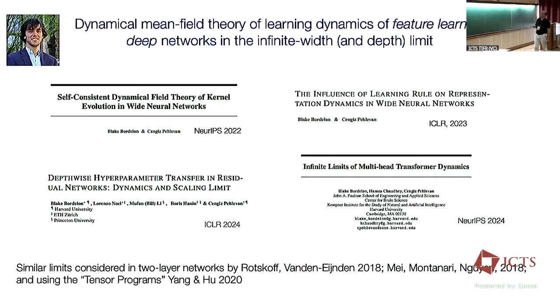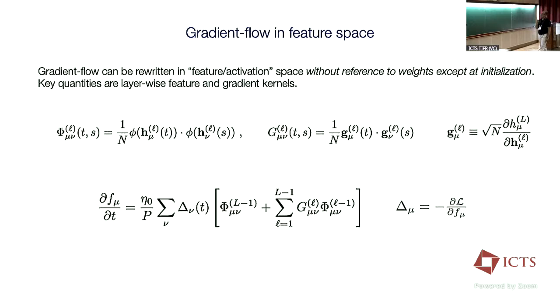Okay, cool. There's a series of papers we wrote about this. They build on the work by Andrea and other people. These papers consider different architectures. I'll talk mostly about deep MLPs, and I'll just mention some things about ResNets and multi-head attention dynamics.